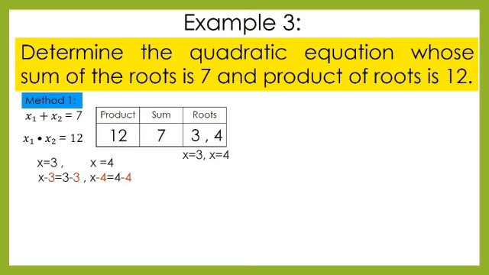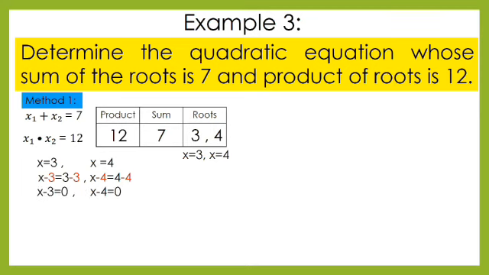We apply the subtraction property of equality to x equals 3. We subtract 3 to both sides of the equation. And in x equals 4, we apply the subtraction property of equality. We subtract 4 to both sides of the equation.